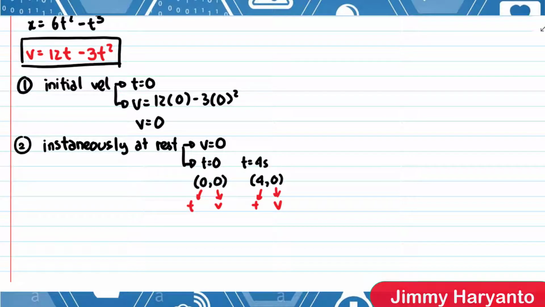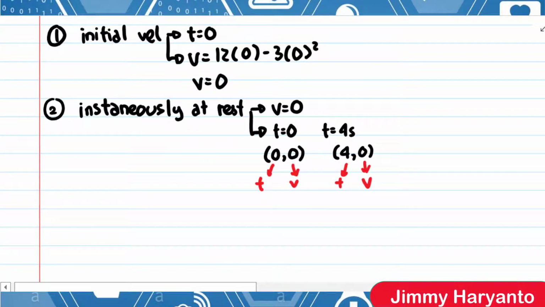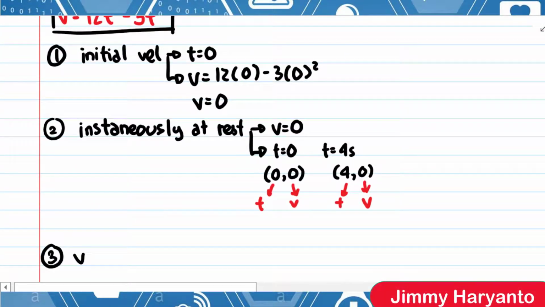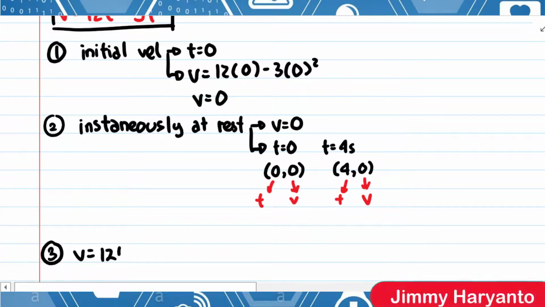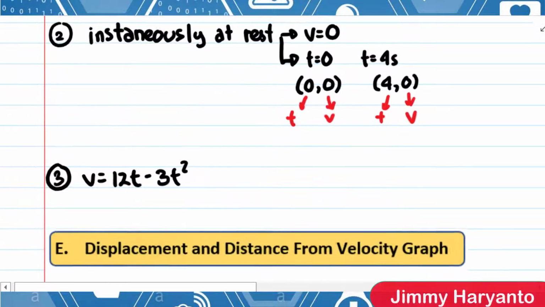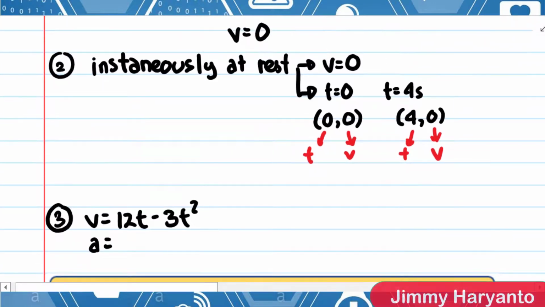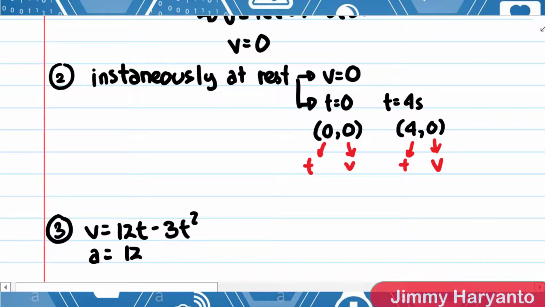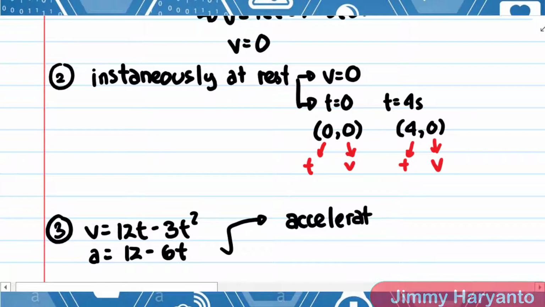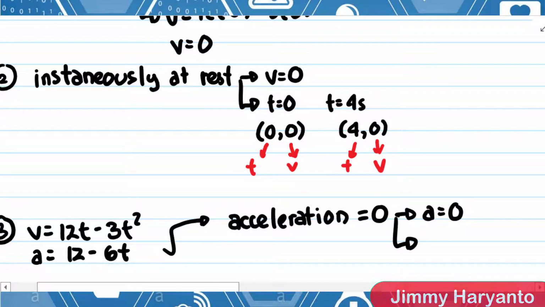Okay, next one is the acceleration equals 0. So we have to find the acceleration equation. V equals 12t minus 3t square, and that means the acceleration will be 12 minus 6t. From this one we can find the time when the acceleration equals 0. That means a equals 0, and you will find the t. 0 equals 12 minus 6t.